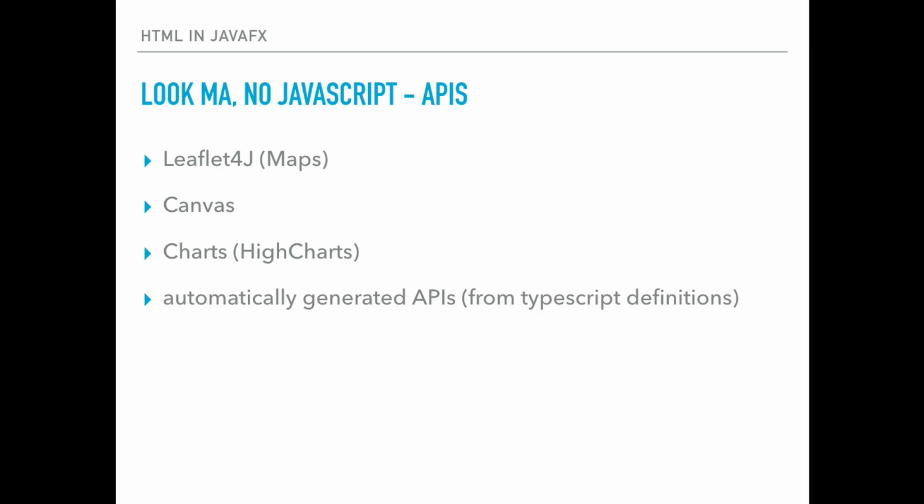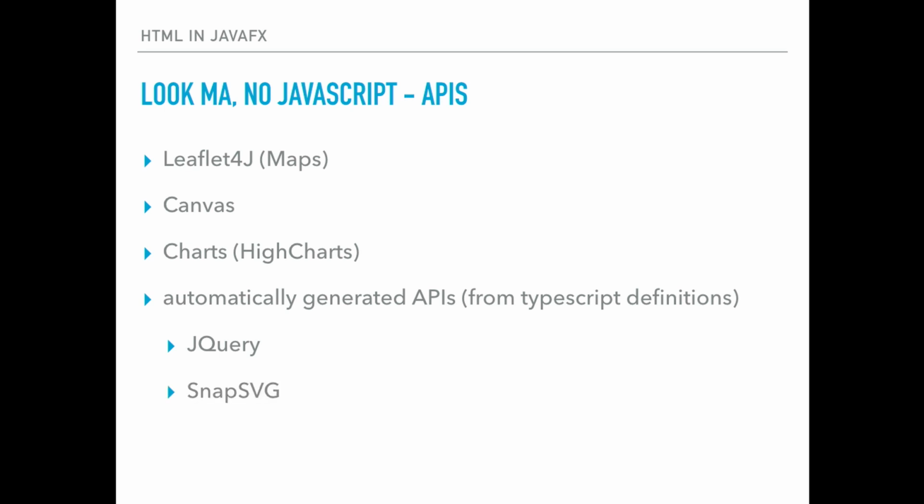And we have automatically generated APIs, because a lot of people in the JavaScript world are moving to TypeScript because they realize that having this dynamic nature of JavaScript is not always the best if you want to create larger applications and if you want to cooperate with other developers who maybe do not want to read all of your code.